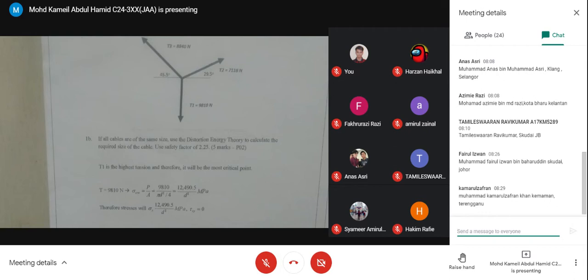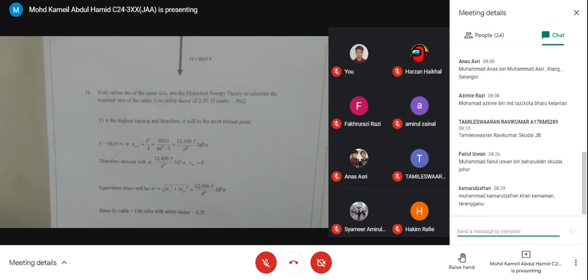That is the value for stress. Then we find sigma X. That will be sigma X. So sigma X is equal to sigma average.